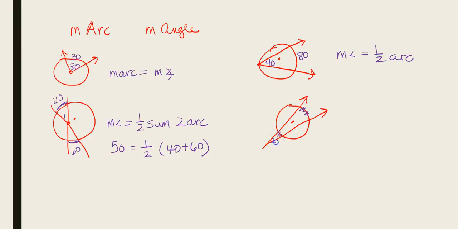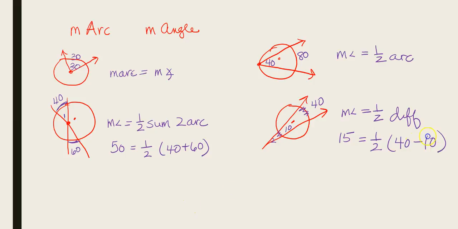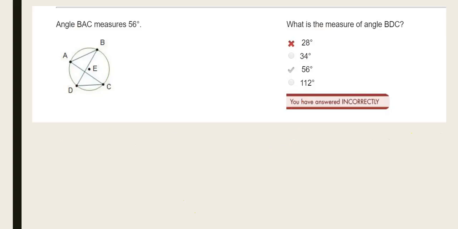So if this is angle 2, the measure of the angle is equal to half the difference, as opposed to half the sum like the other ones. This is half the difference of the two arcs. So if this arc was 40 and this arc was 10, then our angle measurement would be 15 because that would be 1/2 of 40 minus 10. So those are your relationships.